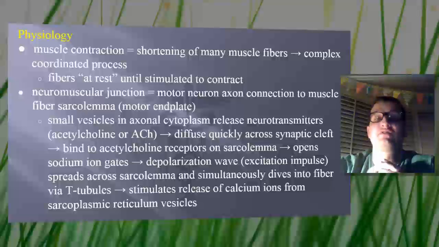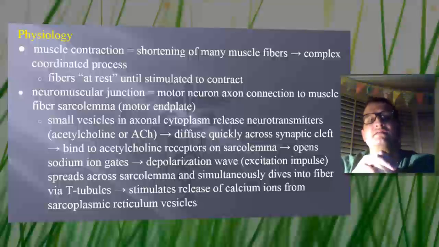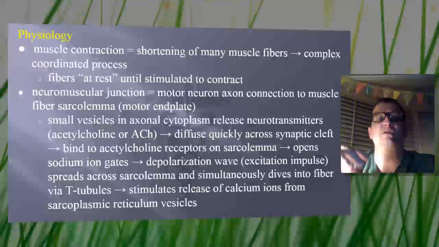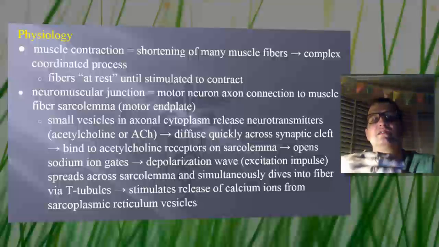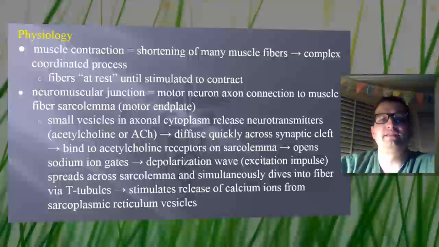It says that fibers are at rest until stimulated to contract, and the stimulation requires a neuromuscular junction, and that means that there's a site where the muscle is connected to a nerve fiber. That is called the motor end plate here.